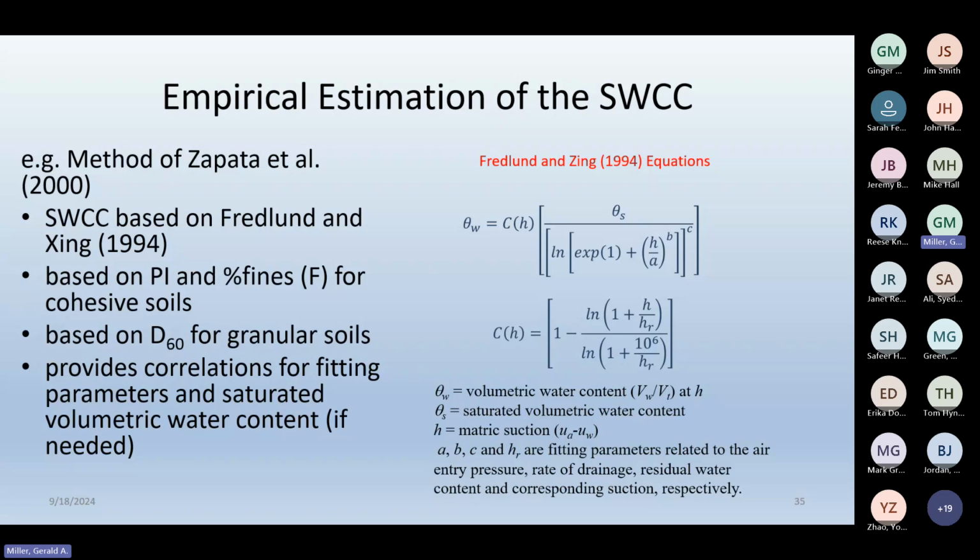So why it's useful: if you don't have any way to measure suction or to determine the soil water characteristic curve, you can estimate it empirically based on, for a cohesive soil, the plasticity index and percent of fines, which we all measure in the laboratory on our samples. Or for a granular soil, a cohesionless soil, you use the D60, the diameter corresponding to 60% passing.